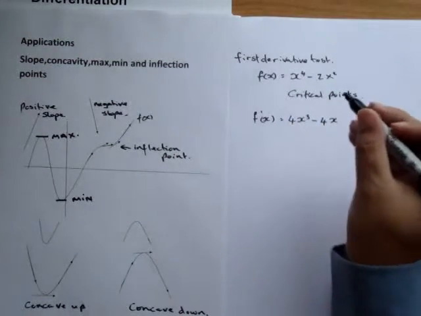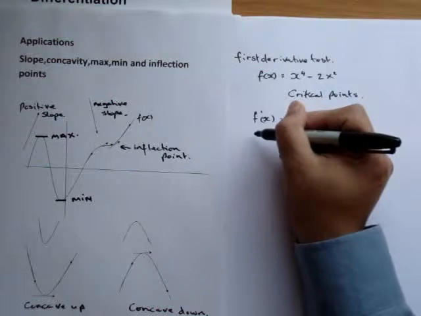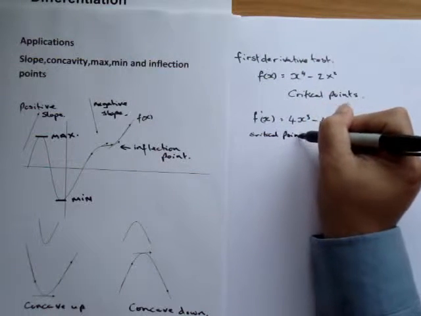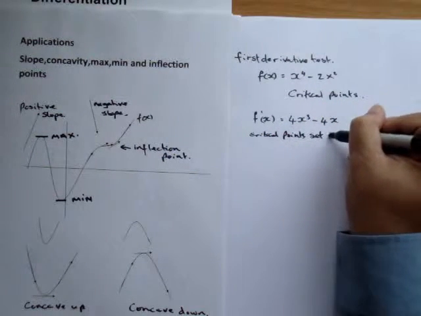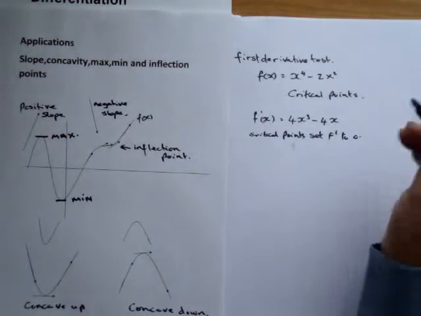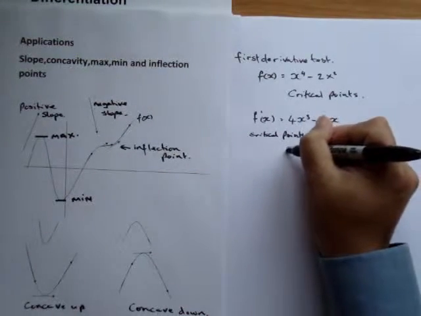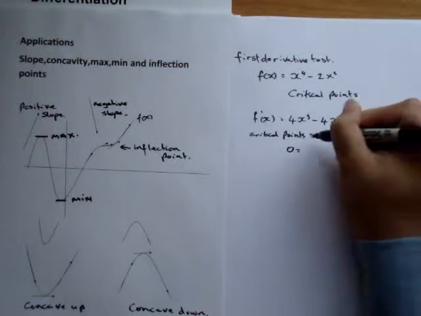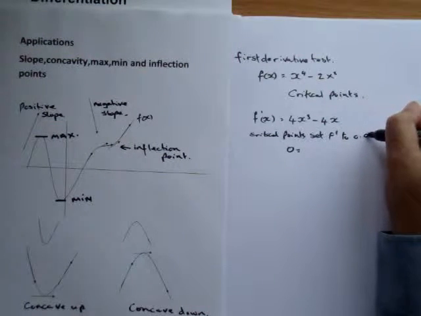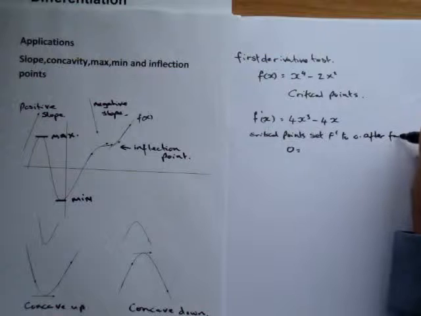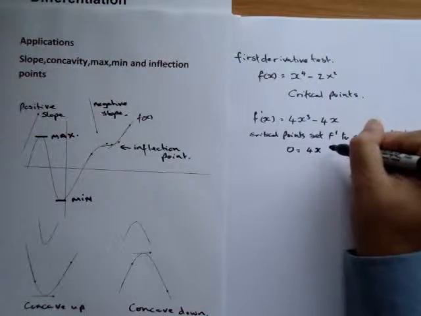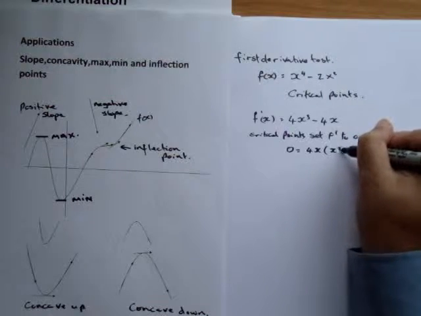Now, to find the critical points, we set this to 0, and we factor first. So 0 equals 4x (x squared minus 1).